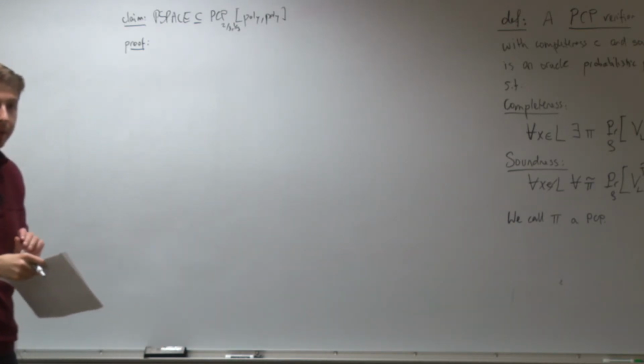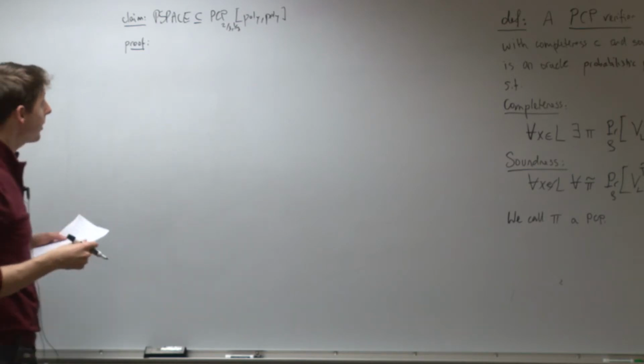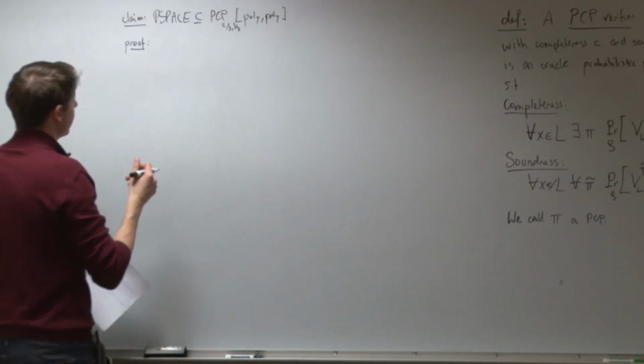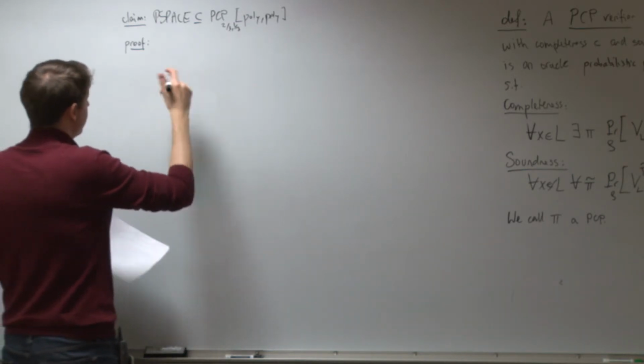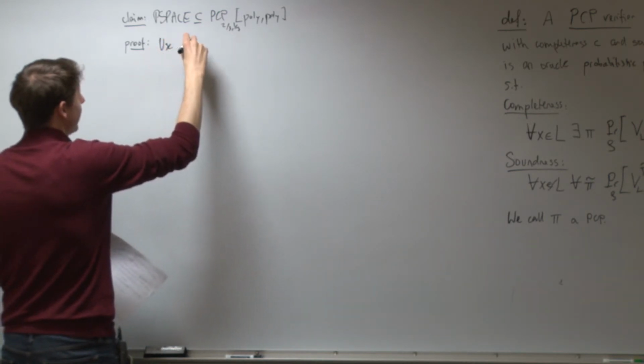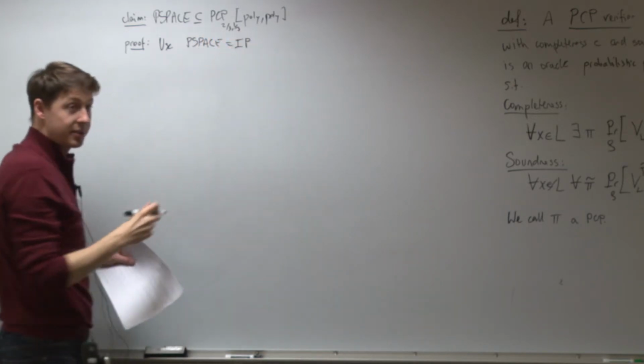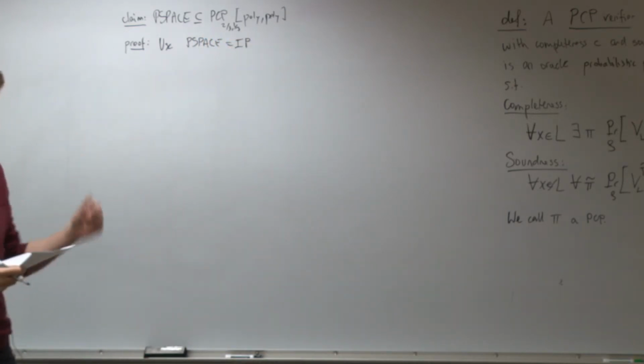Any thoughts of how we can do that? Yeah. In fact, any protocol. It doesn't matter. It's really Shamir's protocol. So that's precisely the idea. Let's say it in a couple more lines. First, we're going to use the fact that PSPACE equals IP. Actually, in this case, it is a rather useful equality.